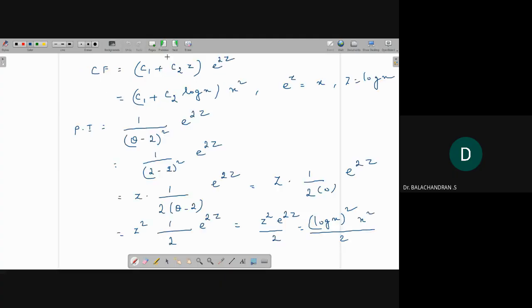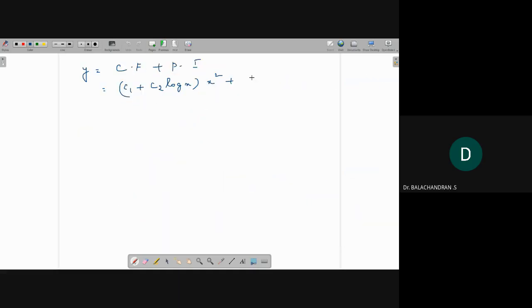PI is 1 by 2 into log x whole square into x square. So this is your y. I call this equation 2.